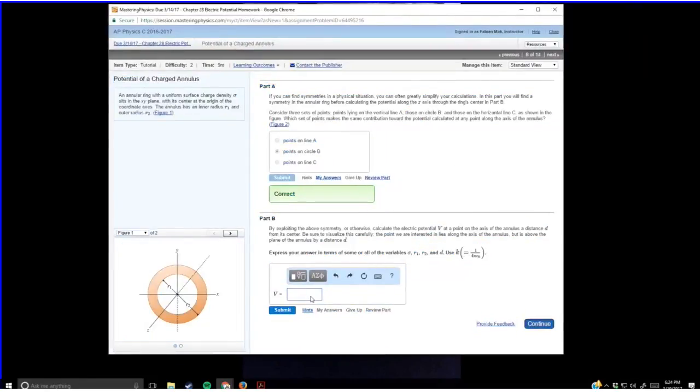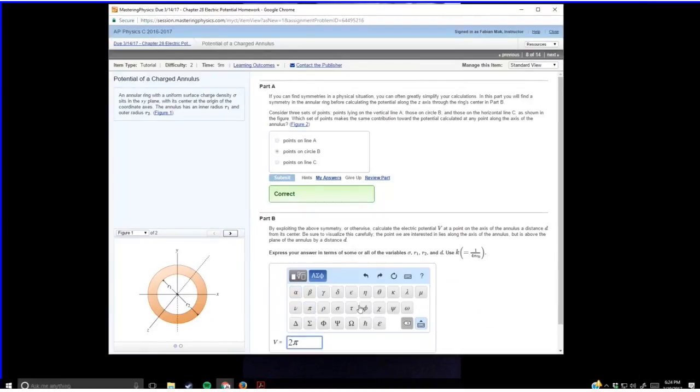Yeah, use K. So it was like 2 pi k sigma square root R2 squared plus Z squared, and then minus another square root R1 squared plus Z squared. And I think that was it.